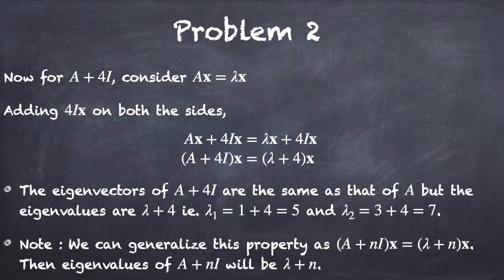So the eigenvector did not change, but now the eigenvalue is lambda plus 4. Lambda 1 was 1, so adding 4 gives 5, and lambda 2 is 3 plus 4, which is 7. We can generalize this property as (A plus nI)x equals (lambda plus n)x, so the eigenvalues of A plus nI will be lambda plus n. You can generalize this result by the same argument for any real n.